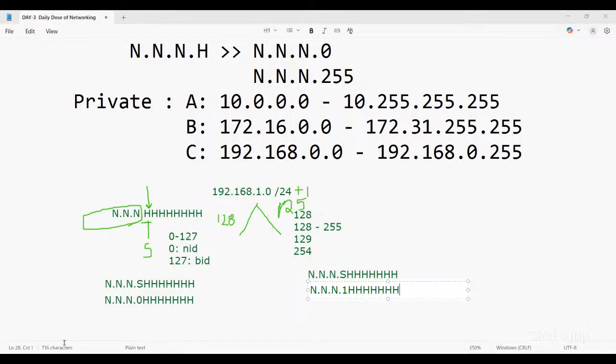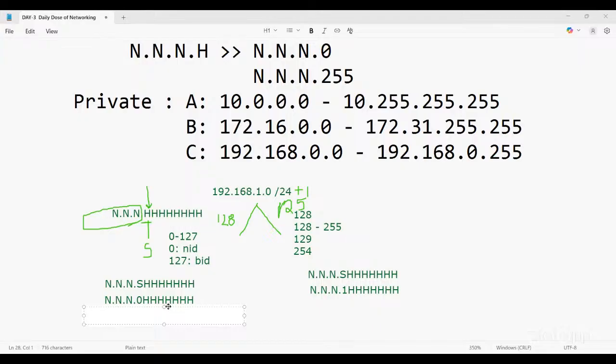So if I want to calculate my first subnet ID here, whatever the IP you have, whatever the network you have, you need to put all the host part as 0. Now this is not 0. This is no longer your host bit. This 0 is already fixed, just like your networking bits. So you have to remain with this 0 all the time.